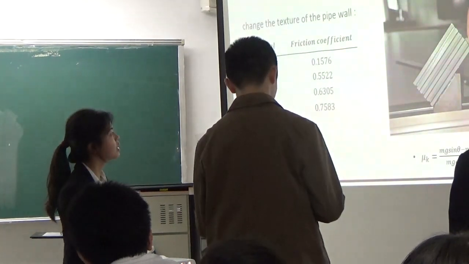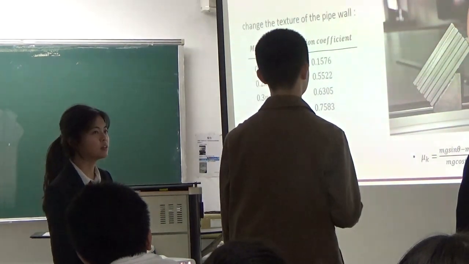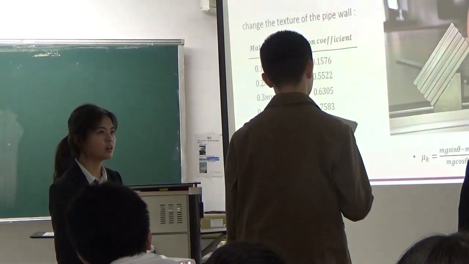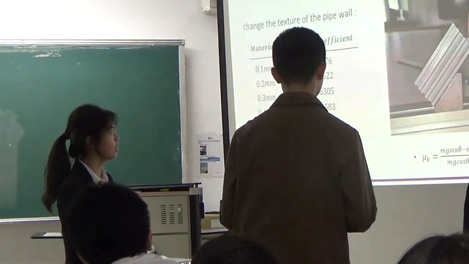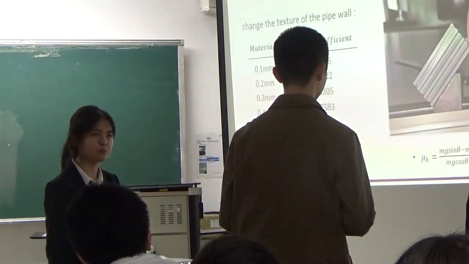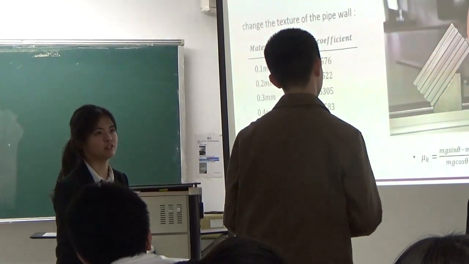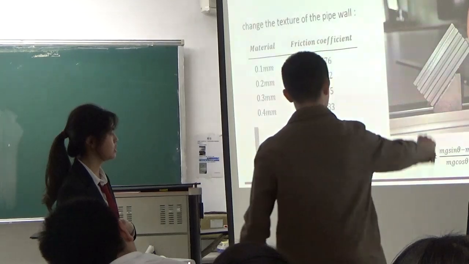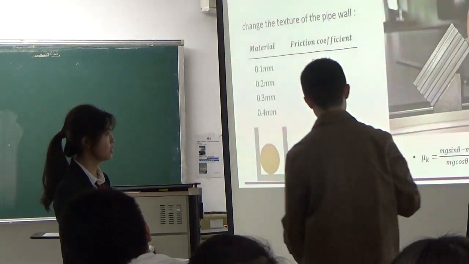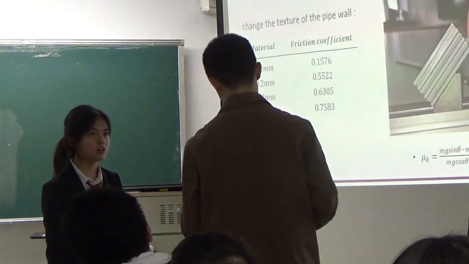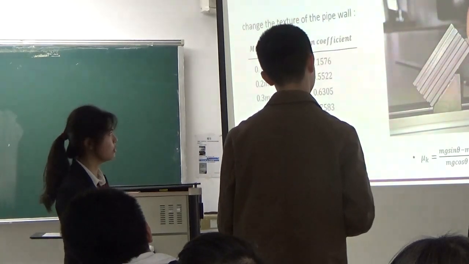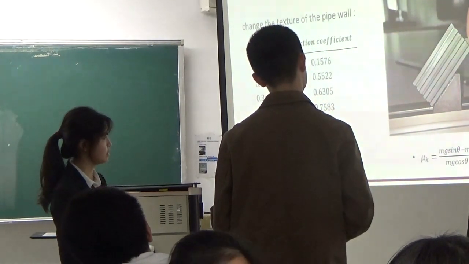So, do you think the coefficient of friction is a constant for spaghetti? It will be a constant for every single material. Do you change this angle and measure the coefficient of friction for each condition? We calculated with this formula.